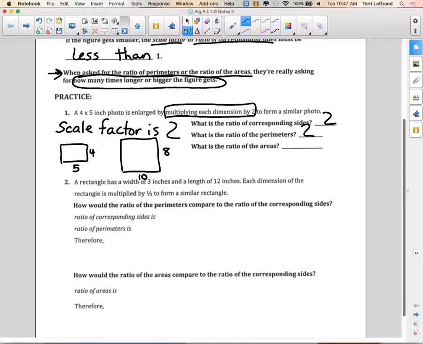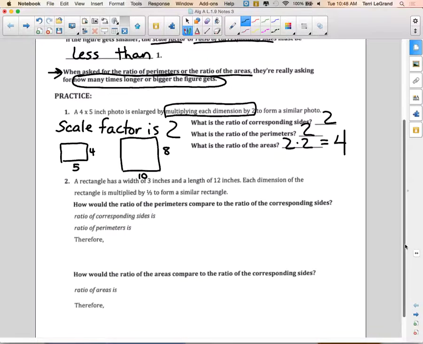Where do we get that from? By multiplying the 2 times itself. So 2 times 2, and our answer for that one is it gets 4 times bigger. So 4 of that photo should fit on top of the new one, the enlarged one. 4 of them should fit on top. Okay, questions on number 1 at all? Any part of that?